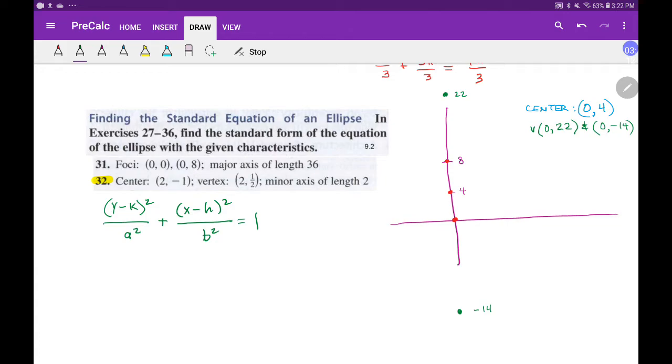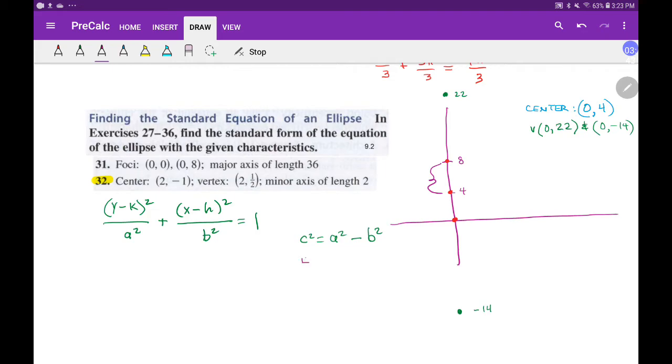And so we're thinking, what's the formula for the foci? Well, the formula for the foci is c squared is equal to a squared minus b squared. It's always the opposite of the sign in the middle here. We know that c, being the distance from 0 to the foci, is 4.